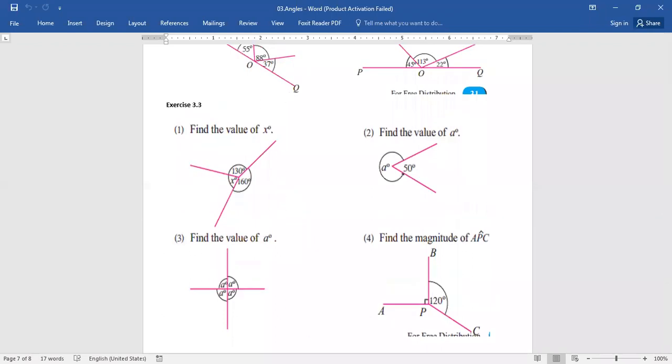So as homework, do exercise 3.3. I will send this, and I will write it on the board as well. Homework, and I have sent the tute also. Collect it, and I will give you some questions from the tute as well.